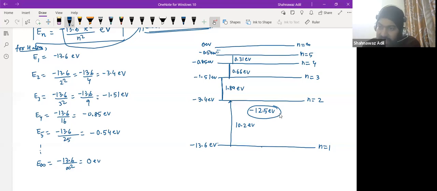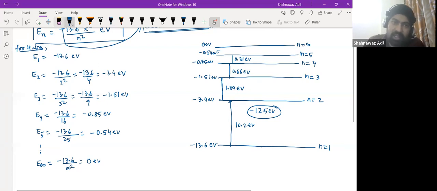So which means that the electrons are at specific energies. They are not in the middle. So they are in this position or this position, not in the middle. So which means that all the energies are not possible. Only the discrete values of energy are possible, which means that energy is quantized in this scenario, right?